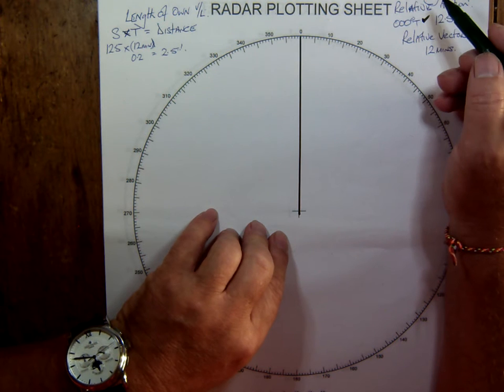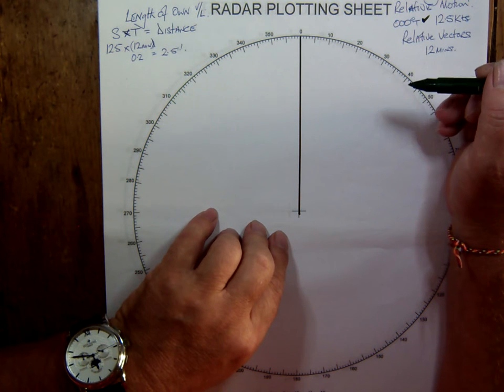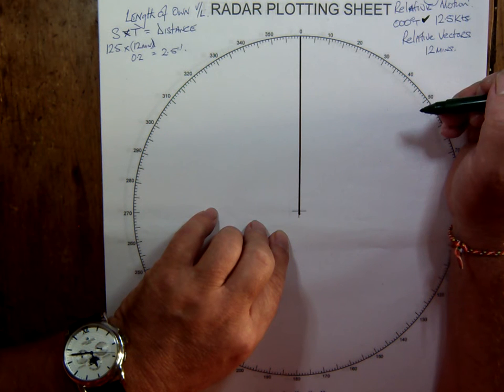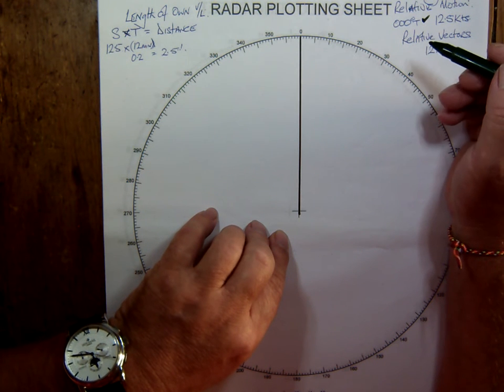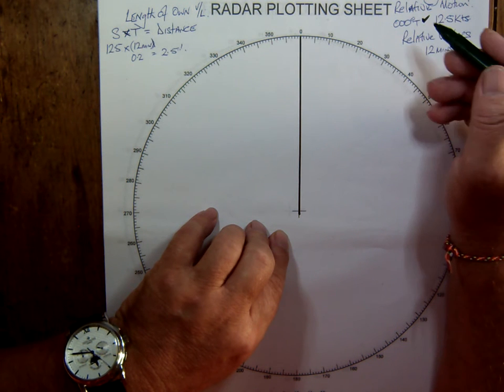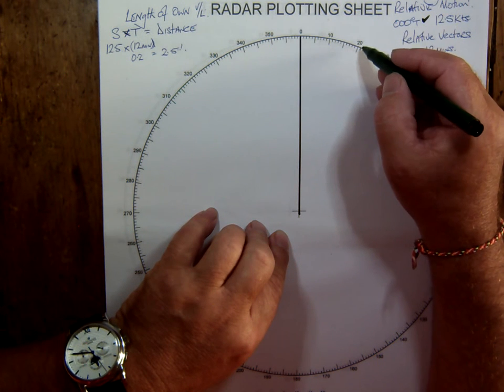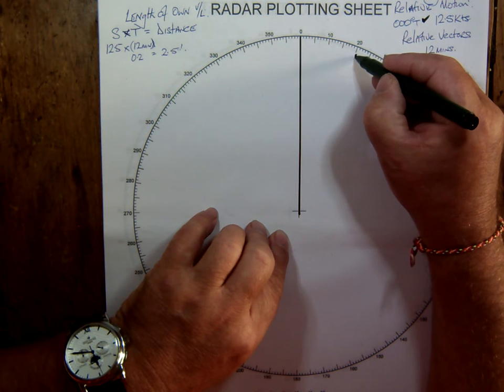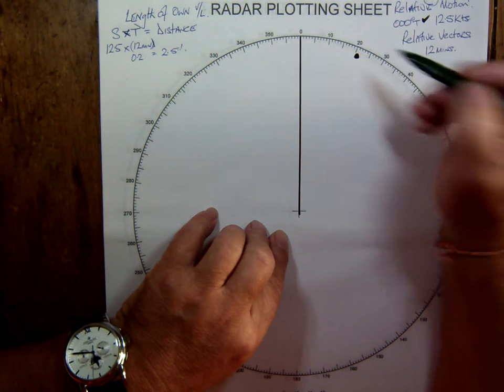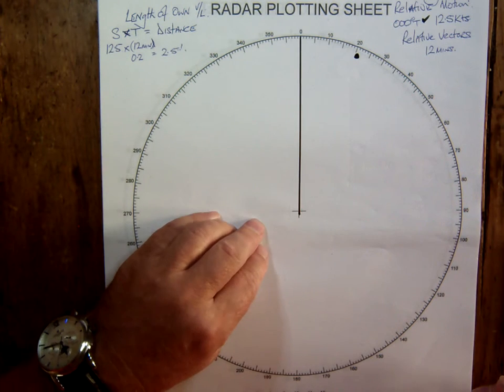I acquired her with ARPA and I would have waited the 3 minutes, the minimum 3 minutes, to be able to gain the information with any accuracy. I've watched her come through onto the 12 mile range and now she comes in here just on the 6 mile range, just at the edge there.